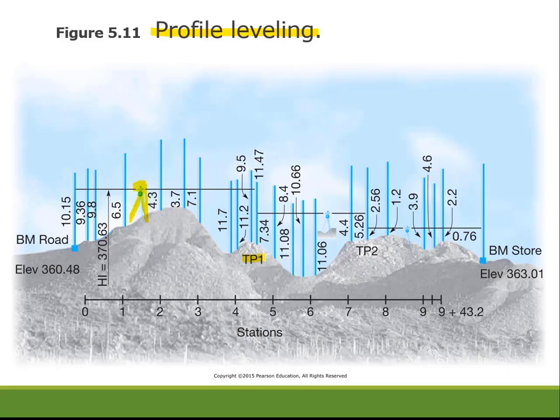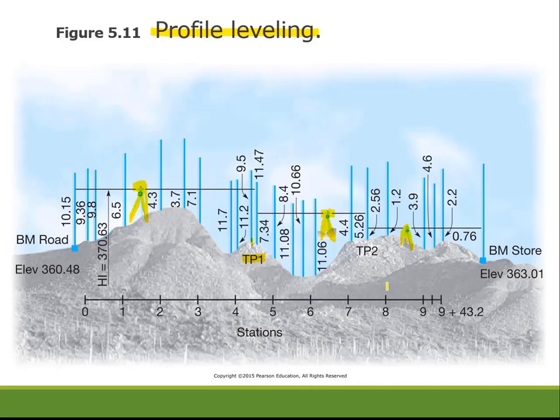Right? And from that turning point, we'll set up the instrument at another location and take several shots with notation to that turning point, but forwards and backwards, and then proceed as this route continues.